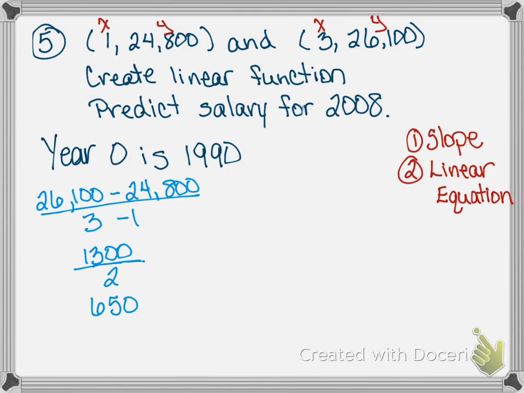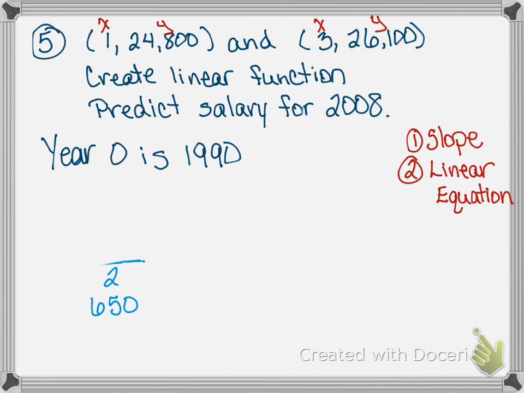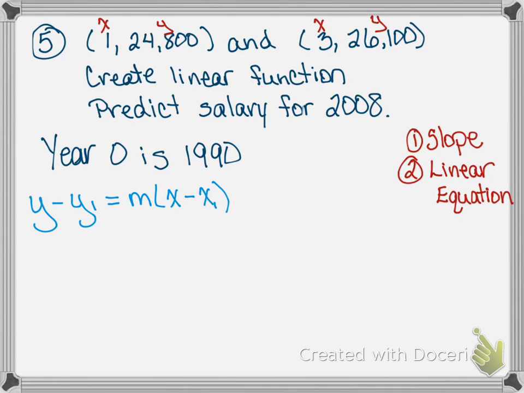So I'm going to erase my blue. Is that okay? So now I'm working on the second step. I'm going to use y minus y sub 1 equals m times x minus x sub 1. That's what I'm using. My slope is 650, and I can use either point. I'm going to go ahead and use this one.